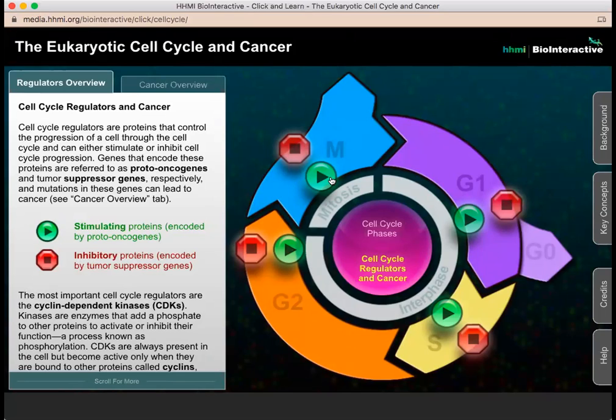And then something that you should know is how mutations can occur and how they can affect this cell division. There are two different types of proteins that are covered in this interactive. We have our stimulating proteins, which are encoded by proto-oncogenes, and our inhibitory proteins, which are encoded by tumor suppressor genes.